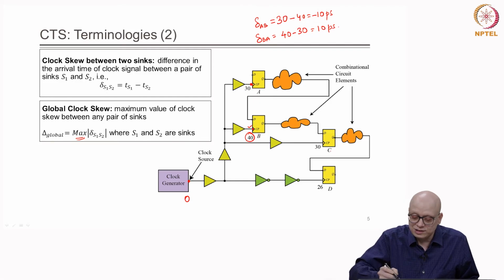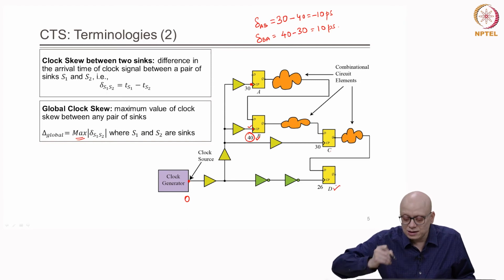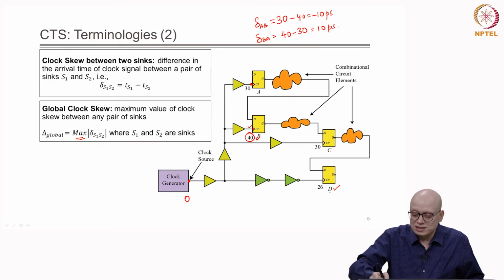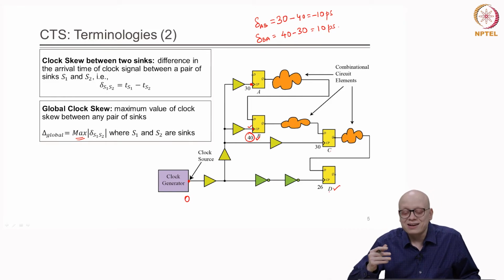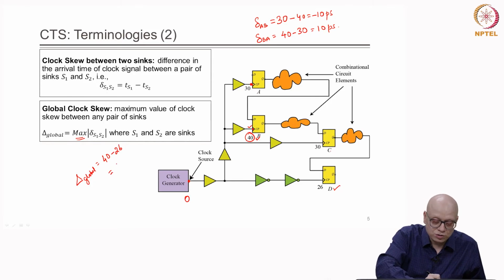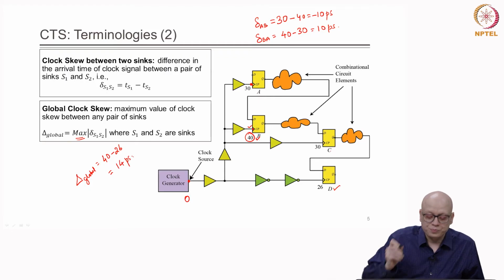In this case, if we take the difference between B and D, we will get the maximum, because D has the minimum arrival time and B has the maximum arrival time. So, delta global is equal to 40 minus 26 is equal to 14 picosecond, right.